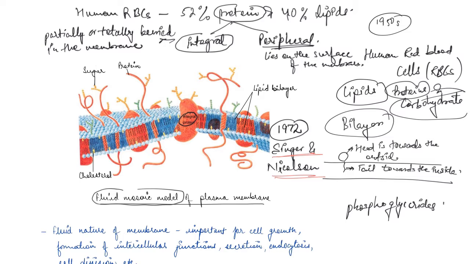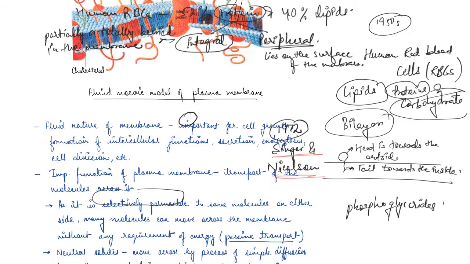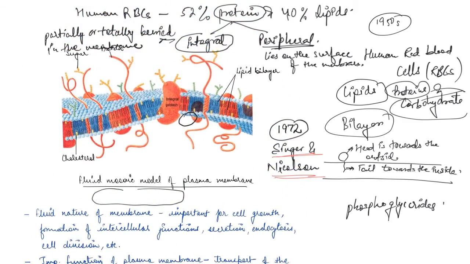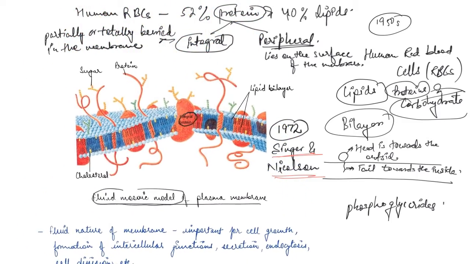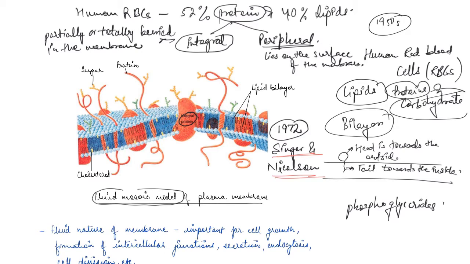Now let's discuss the functions of the plasma membrane. Again, I'll show you the structure once before we move forward. Here you have certain sugars. This is the peripheral protein, on the periphery. This is the integral protein, embedded in the membrane.